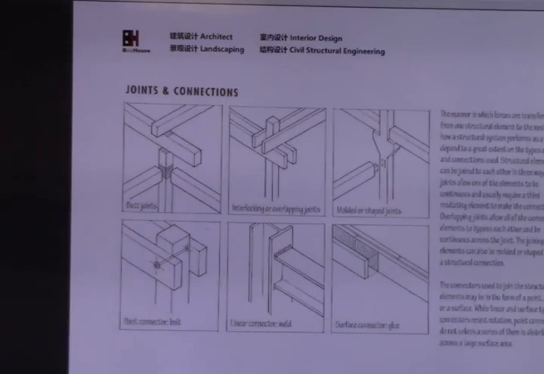The bolt connection is very simple. It's just go to site and install it. I think if you have experience with IKEA furniture, everything has bolt connections. Yeah, that's easy. You can DIY it.